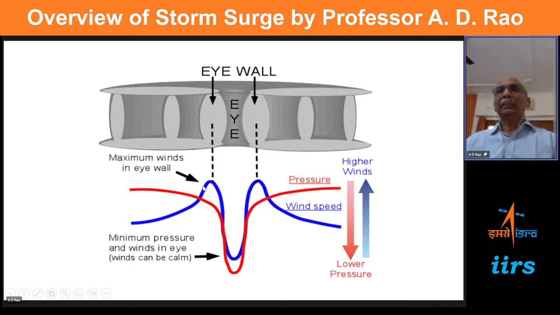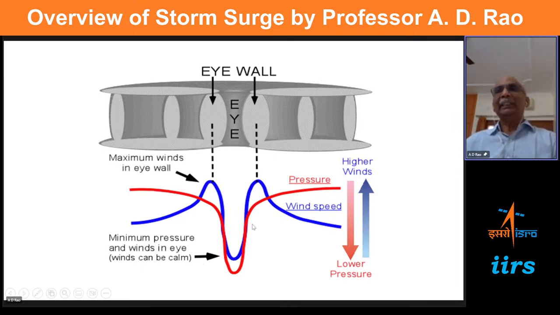The pressure at the eye decreases. The minimum low pressure is recorded at the center of the cyclone, and as you go away from the center, the pressure increases and comes back to normal. So this is a typical profile of the pressure field, and wind speed is also given.